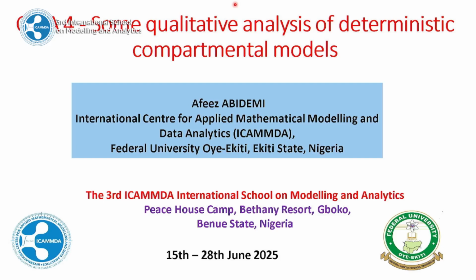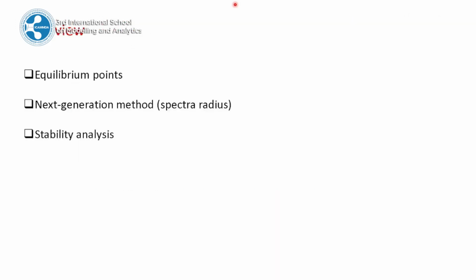So today we'll be talking about some qualitative analysis of compartmental models. We have introduced some compartmental models, starting from the SIR model without demography, which we said is suitable in the study of an epidemic disease.